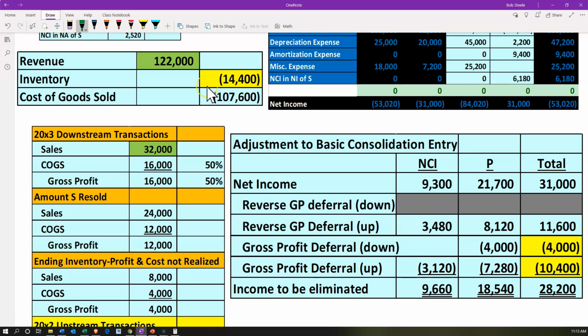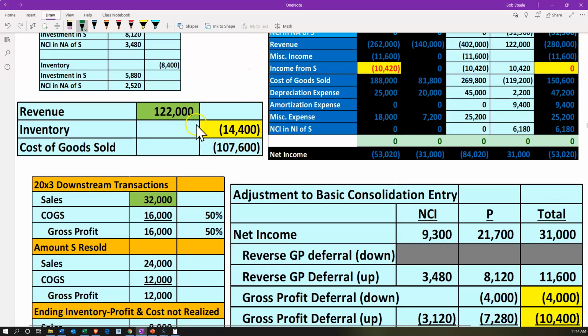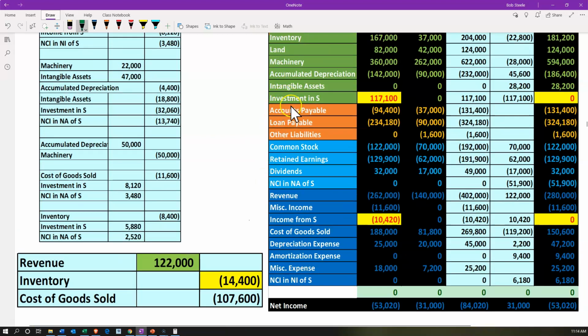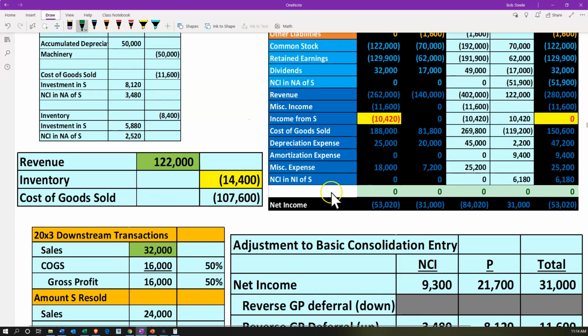That's going to be a credit to the inventory, and then you can back into the 107.6 cost of goods sold, 122 minus the 14.4, 107.6. So that's going to decrease the revenue, and then the inventory up top is going to be adjusted, and the cost of goods sold is going to have an adjustment as well.